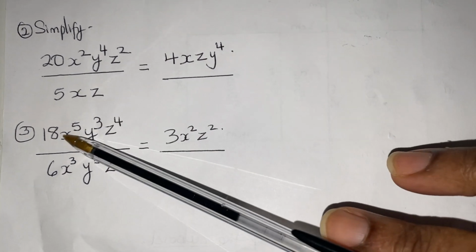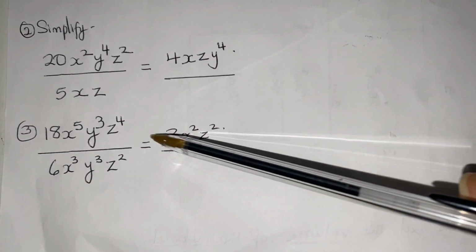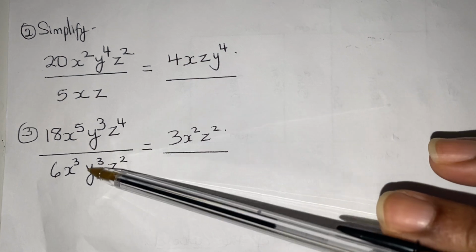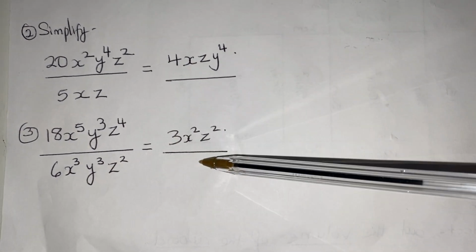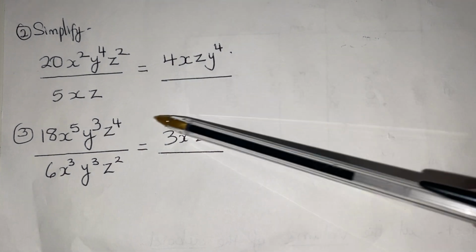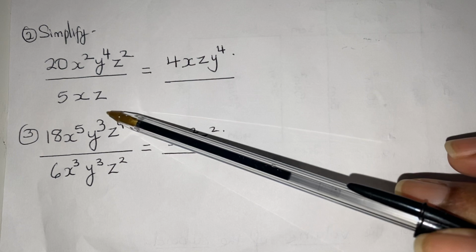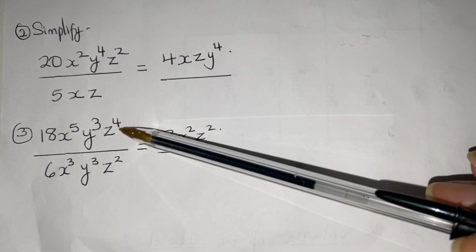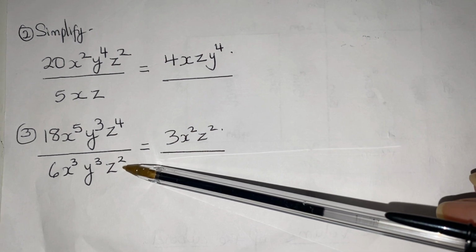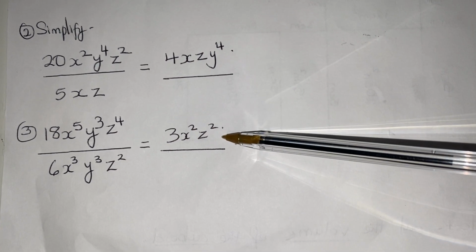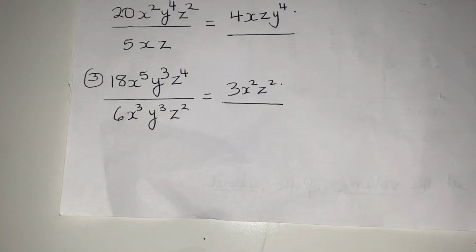So now 18 divided by 6 is 3, x to the power 5 over x to the power 3 will give you x squared. y to the power 3 over y to the power 3 will cancel out. z to the power 4 over z squared will give you z squared. Okay, so that's a starter.